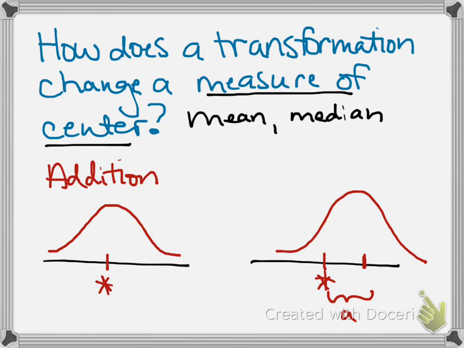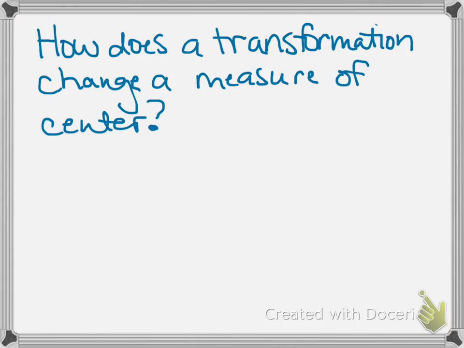Now let's say that instead of adding or subtracting something, we want to multiply our data points by some number. We want to know what that is going to do to our measure of center.